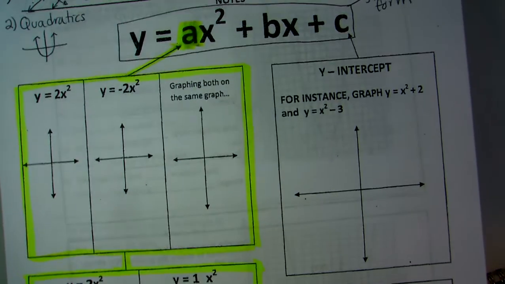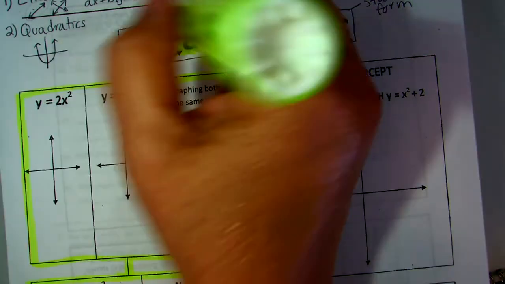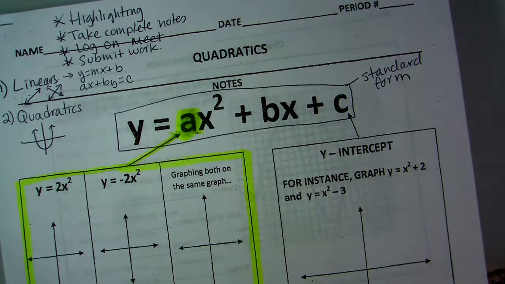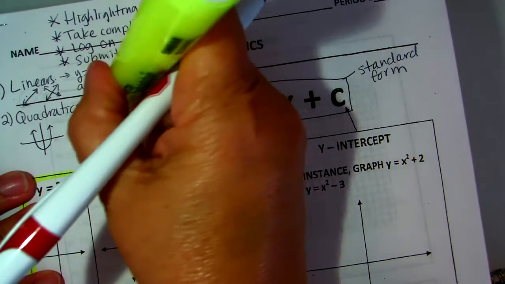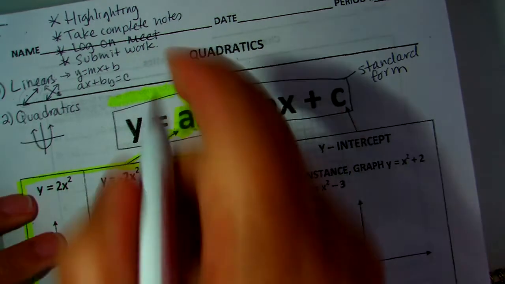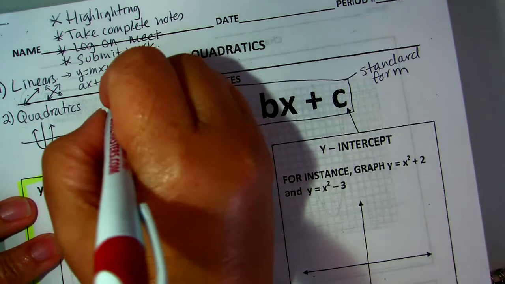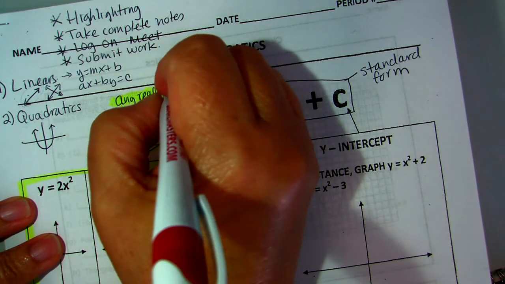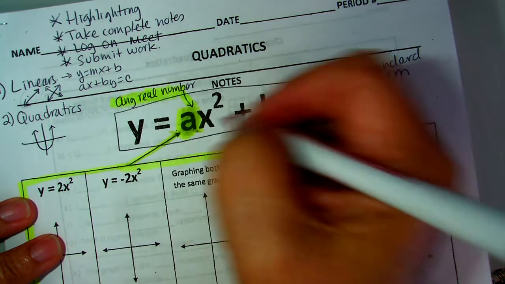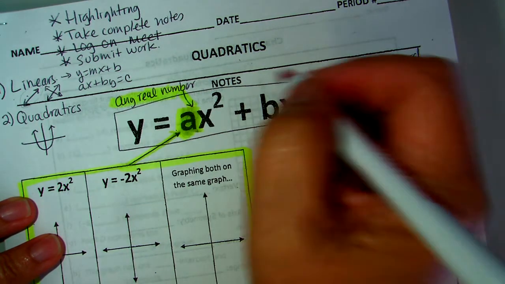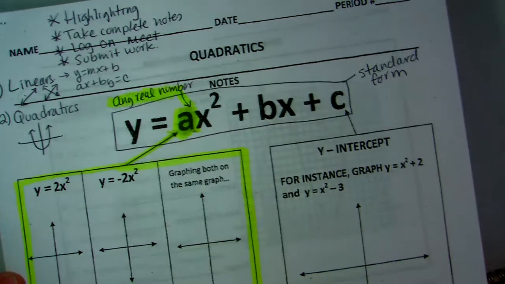Highlight your box in yellow, for this right here is going to be a number, any real number. Like a 1, a 2, a negative 1/2, a 1/2, 50, 100, okay?